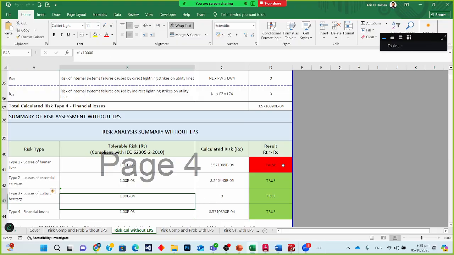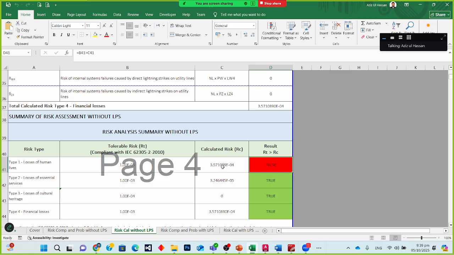These are the actual RT values, the tolerable risk values available in IEC 62305-2, and they have given these values. We need to check them against our calculation. If our value is higher than these values, then we need to give protection against that risk.